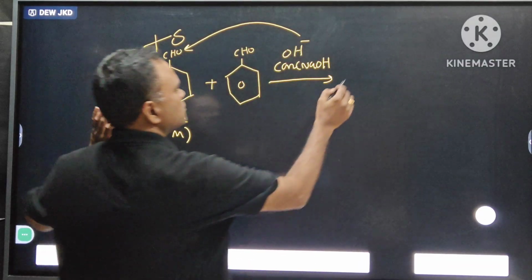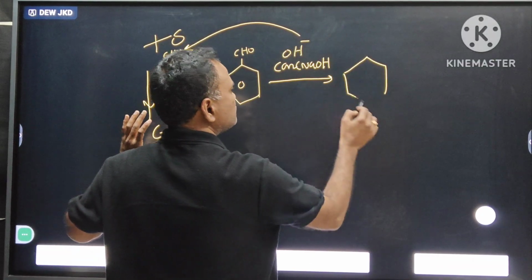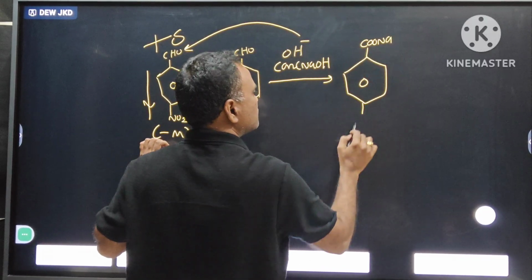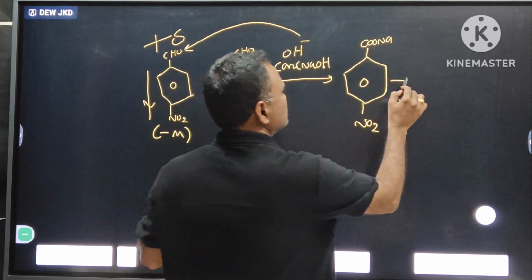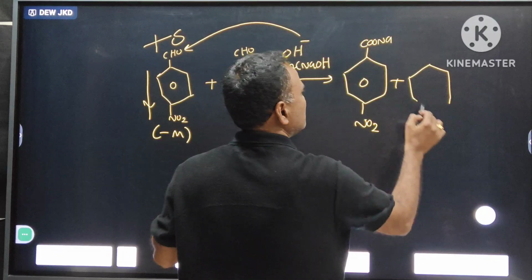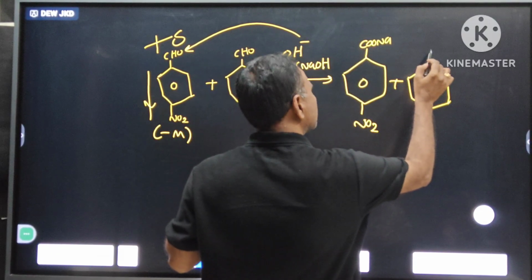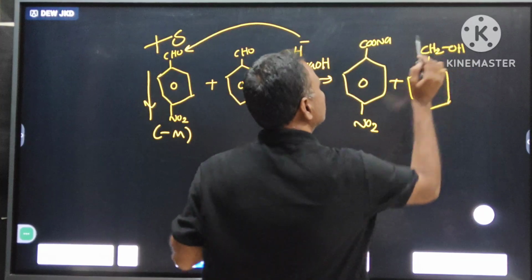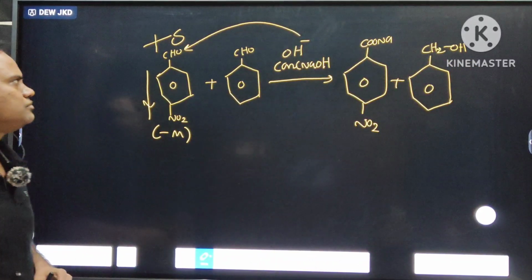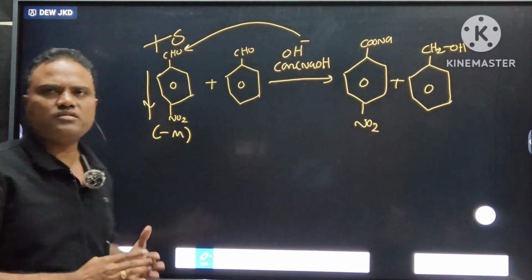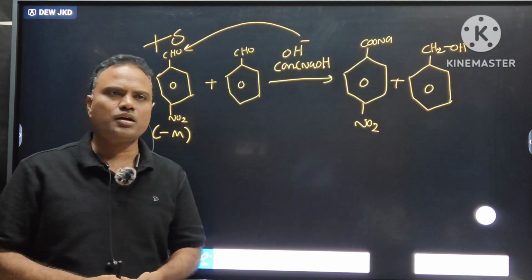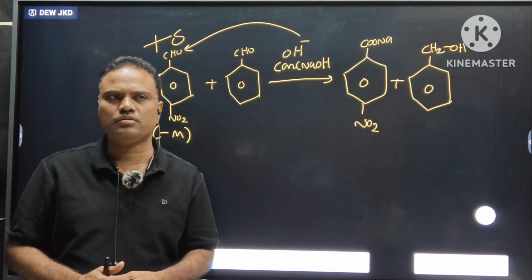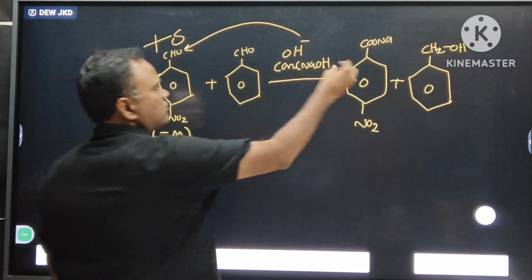So this will convert to acid, COONa, and the remaining alcohol. Simple logic. See, large positive charge: at that site the nucleophile will attack and that compound will convert to acid.